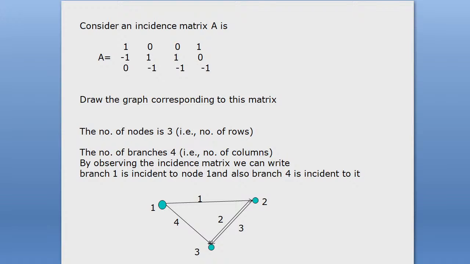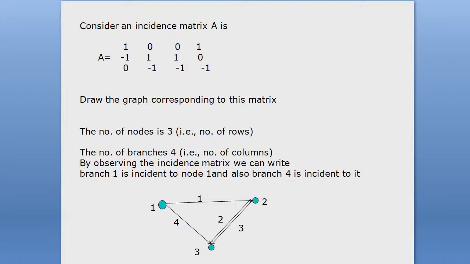The vice versa, you just draw a graph from the incident matrix. Okay, I hope everyone understands the solution part of this problem.